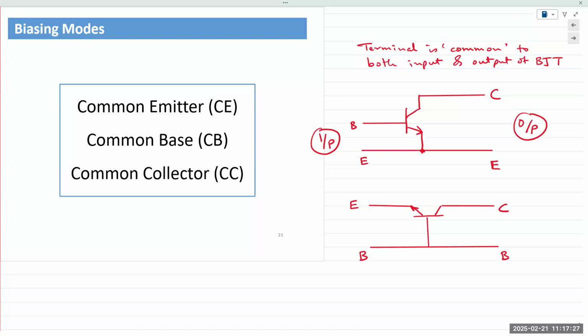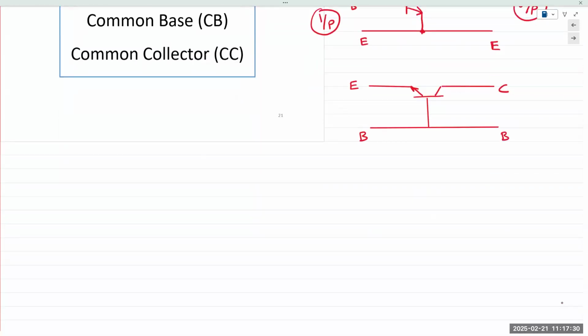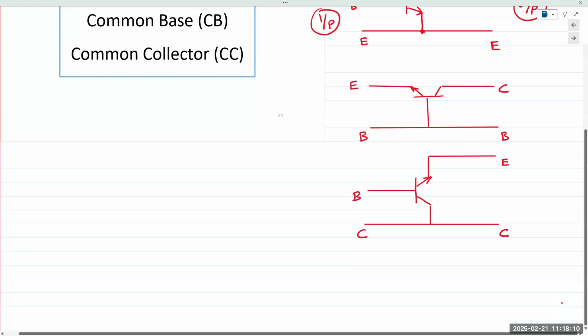And then we also have the CC mode, where the collector is common to both sides.